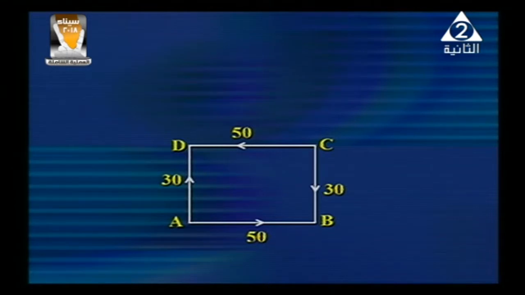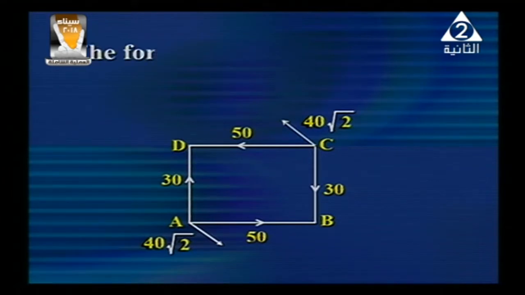Also, two forces 30 and 30 act on CB ray and AD ray. Look at, there are two forces 40 root 2, 40 root 2 at point C and A in the opposite direction.